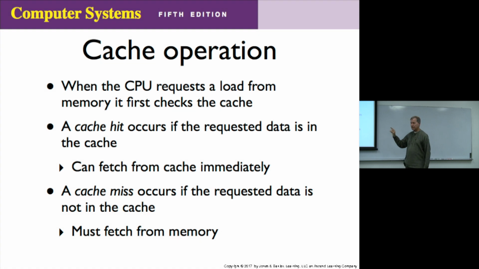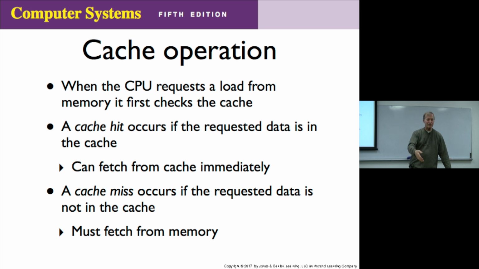So here's what happens. When the CPU requests a load from memory, it first checks the cache. A cache hit occurs if the requested data is in the cache. Are you with me? And so it can fetch from the cache immediately and not have to go to memory. A cache miss occurs if the requested data is not in the cache.